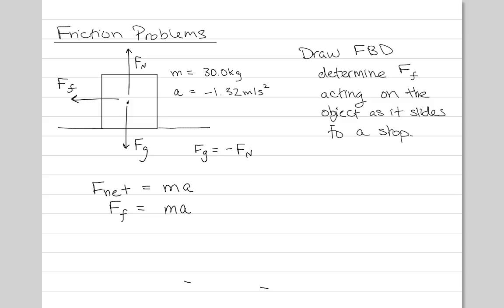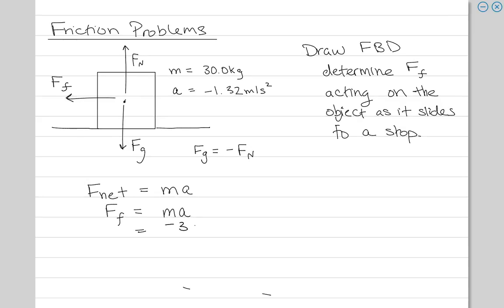So this one you literally just have to multiply m and a, and you get negative 39.6. So negative 39.6 newtons, or in other words, 39.6 newtons left.